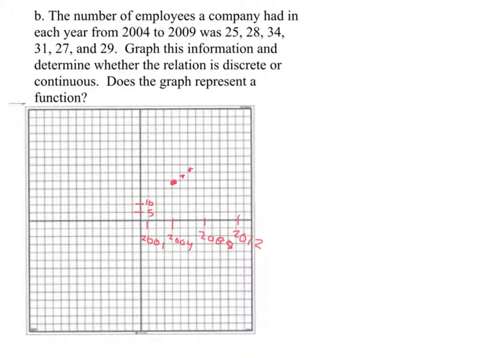And then 2007 would be next, and we're looking at 31. And then for 2008, we're looking at 27.